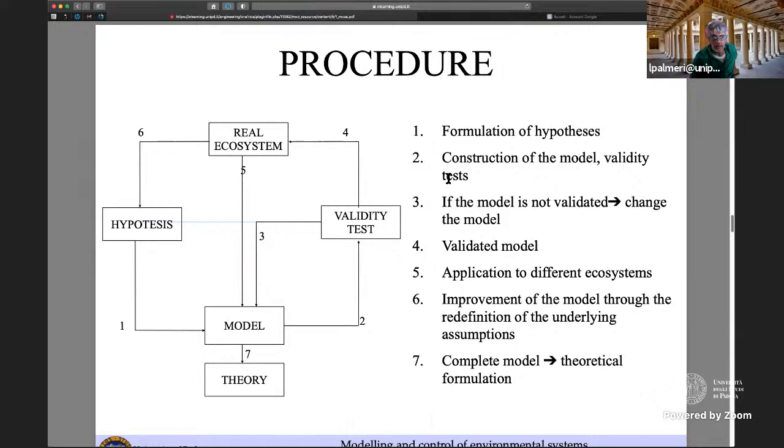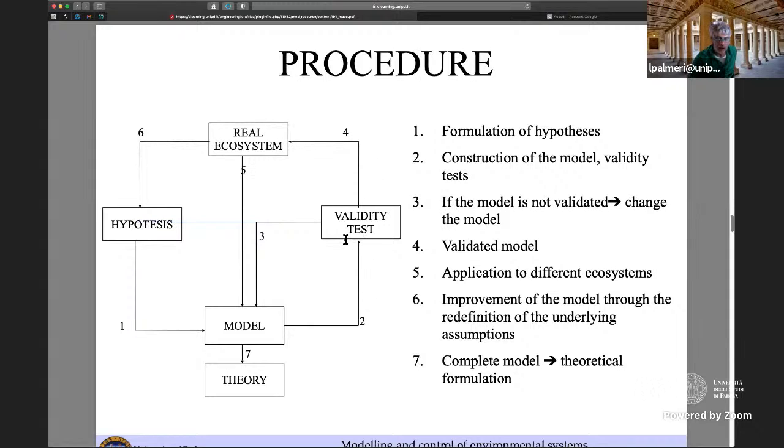So we start constructing a model. We start by formulating hypotheses. On the hypothesis, we build up and construct the model. Then we switch to the validity tests. If the model passes the validity test, yes, we can go on.